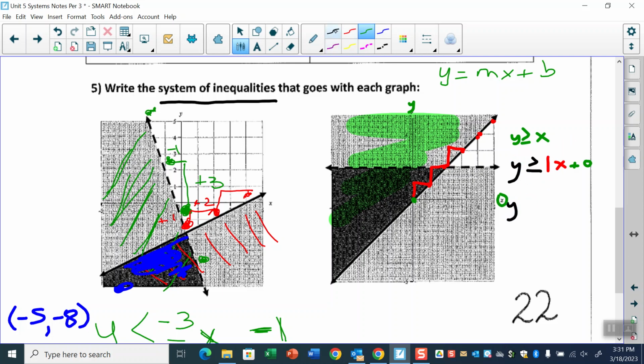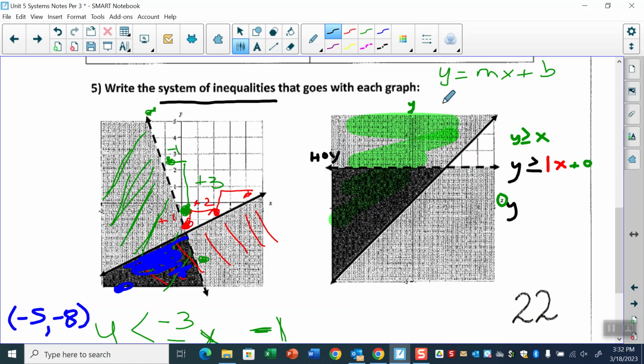Now the other one is the dashed line, and the dashed line is going horizontal, right? So that would be like a hoy. If it's a horizontal line, that would be hoy. It's horizontal, 0 slope, and it's going to be y is equal to something.